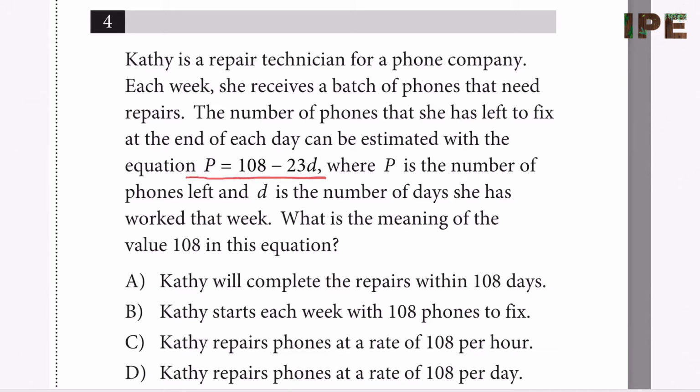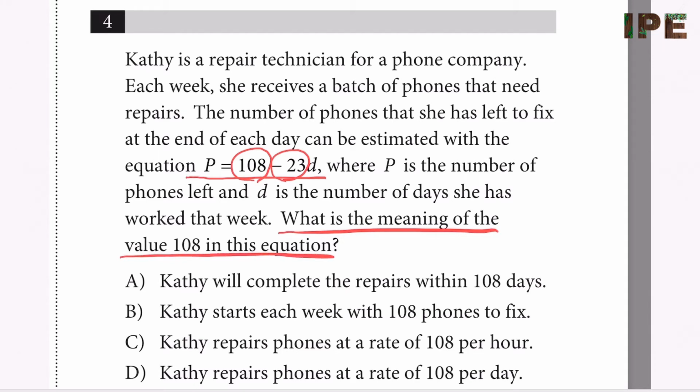108 minus 23D. So, in this linear equation, 108 is the y-intercept, negative 23 is the rate. So 108 is the initial value of P, and negative 23 is the rate. P is the number of phones left, and D is the number of days. The question asks, what is the meaning of the value 108 in this equation?